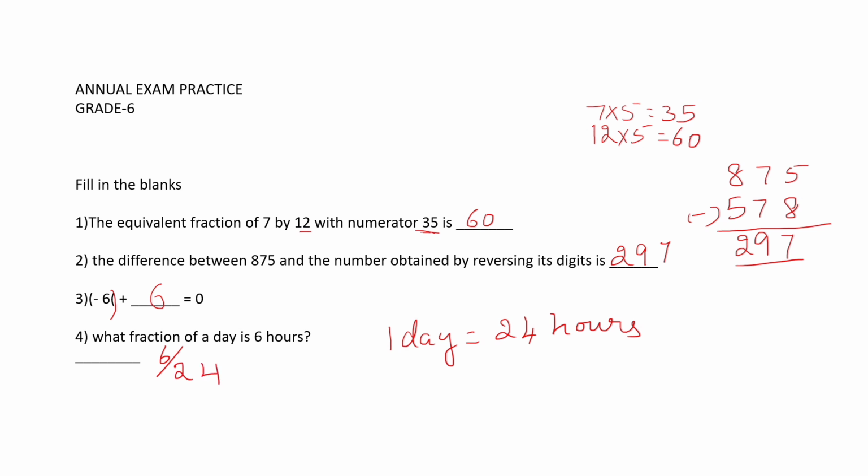We can simplify this fraction by dividing both numerator and the denominator by 6. 6 one time is 6 and 6 four times is 24. Right? So here therefore the fraction is 1 by 4.